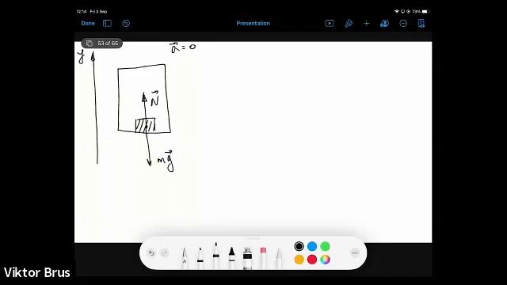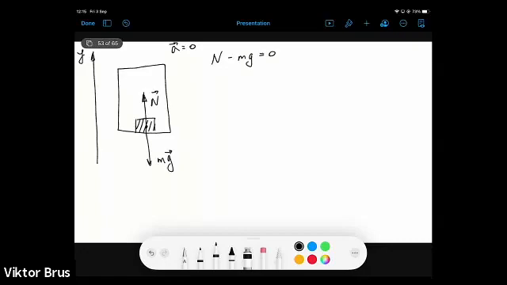So everything is good. However, let's consider what will happen when we have some acceleration in different directions. So for this particular case, when a is equal to 0, taking into account the orientation of this y-axis, we can write that n, which is positive, goes along the y-axis, minus mg, is equal to 0.